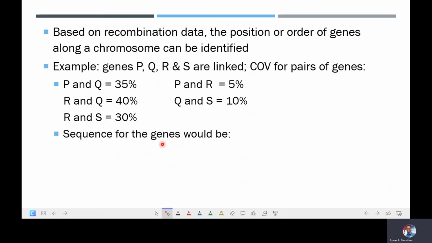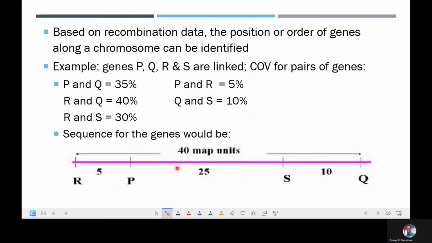And so we start with the highest percentage, which will be between R and Q. And so the sequence for the genes would be R and Q with the longest distance of 40 map units. And then we will continue with the second one, which is 35% between P and Q. Then we continue with R and S having the COV value of 30%.